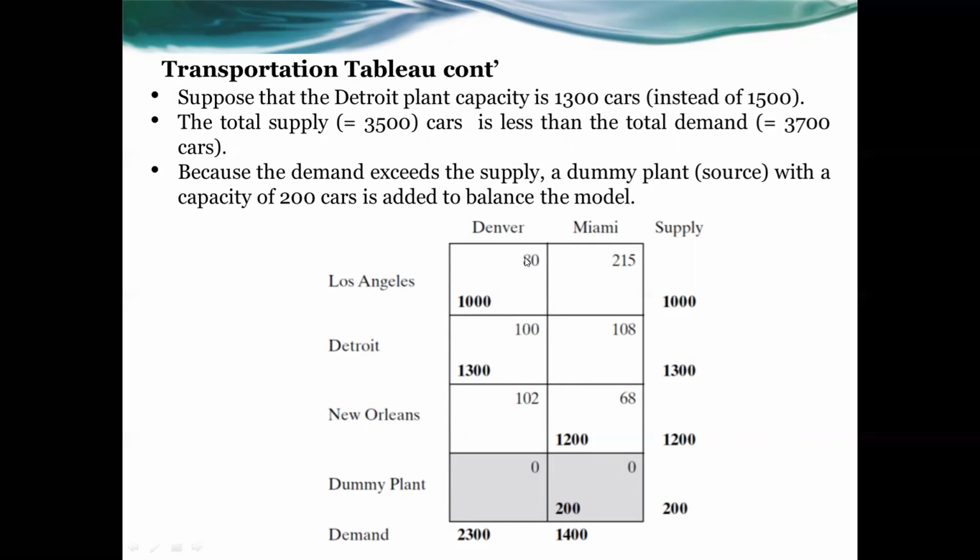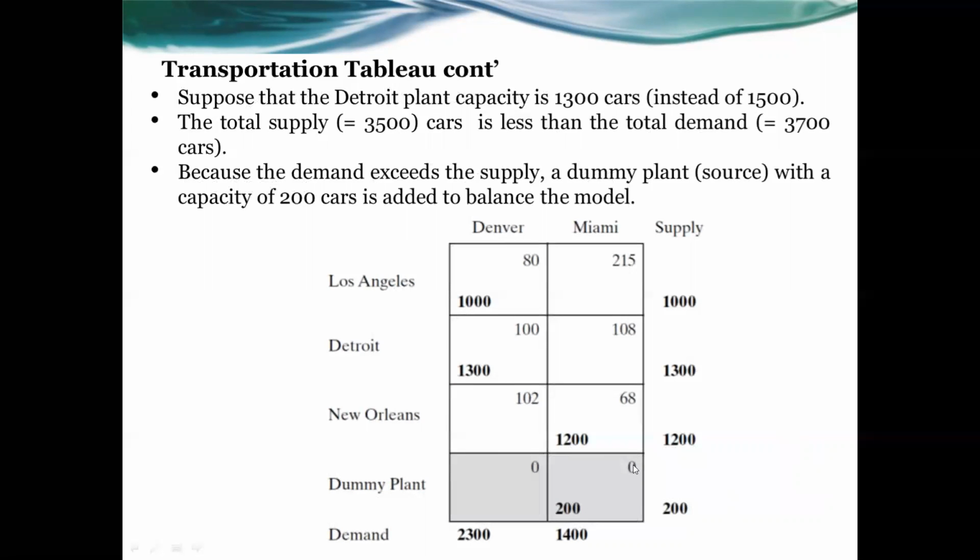Earlier we had these coefficient values, which are our per-route transportation costs from warehouse to market. But when you add this dummy, we don't have any transportation cost. We just put in an artificial value because we need to balance the table. Remember, when we add the dummy there is no transportation cost.